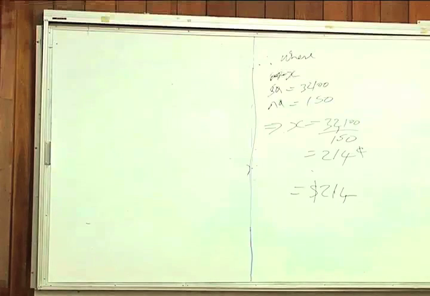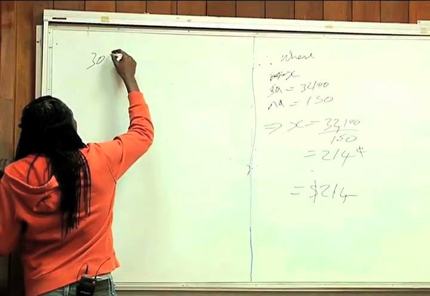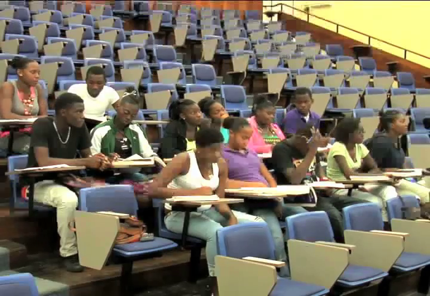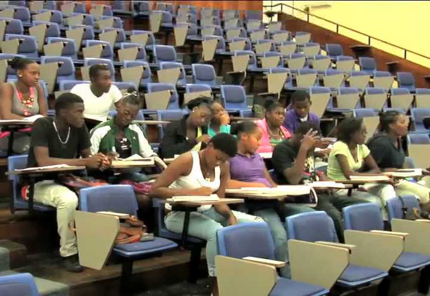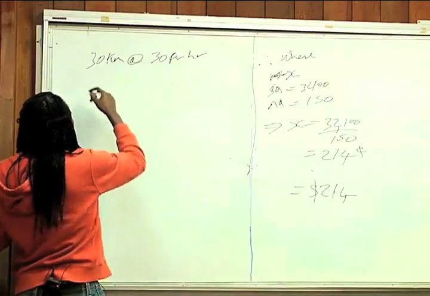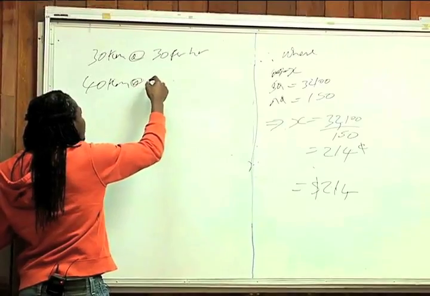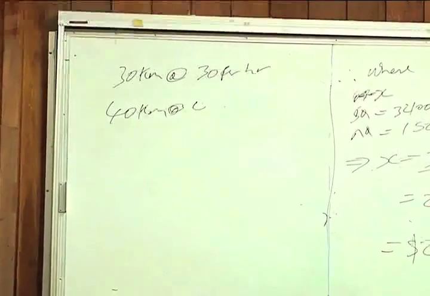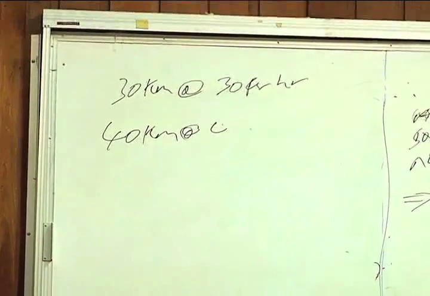So he traveled 30 km at 30 per hour. Then he traveled 40 km per hour, at 30. 30 kilometers at 40 km.